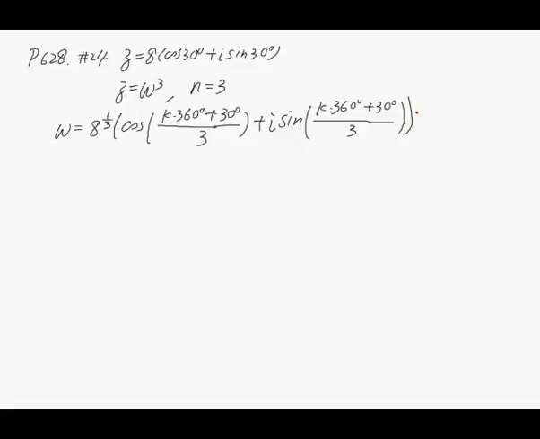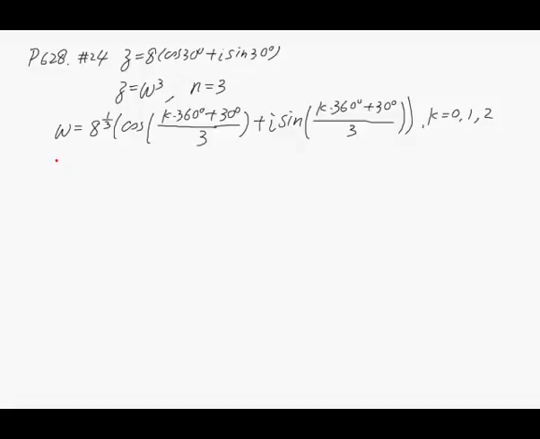And here, this k can take 0, 1, up to n minus 1. So n here is equal to 3, so the last one is equal to 2. So k takes these 3 integers, and then we get the corresponding 3 cube roots of this complex number.